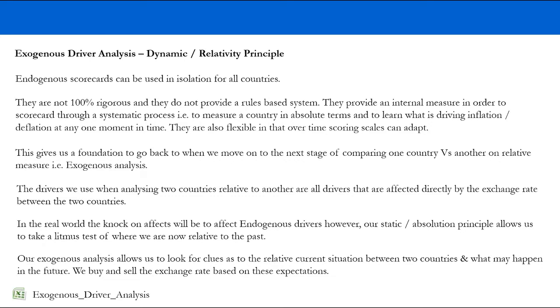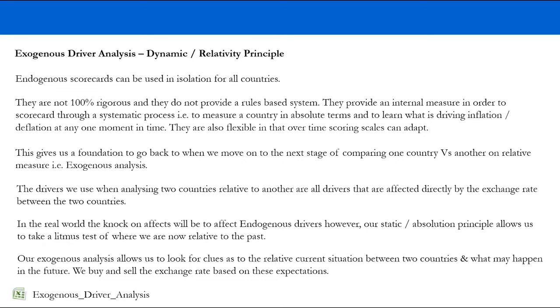What they do is provide an internal measure in order to scorecard through a systematic process so we can measure the country in absolute terms objectively and to learn what is driving inflation and deflation at any one time. And also, as we learned earlier, they're flexible in that over time the inputs can be added to and the scoring scales themselves can be adapted.